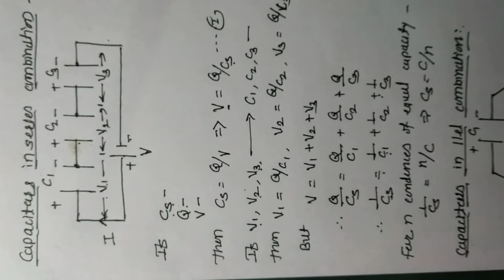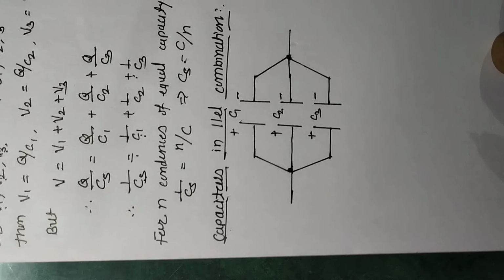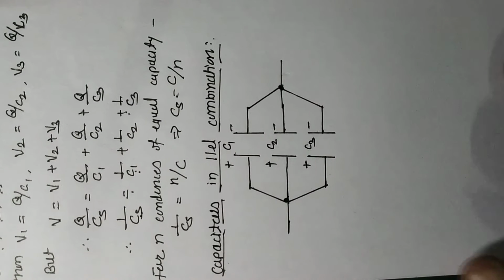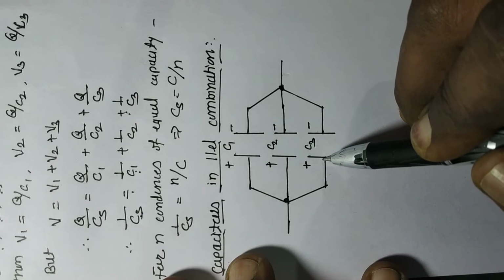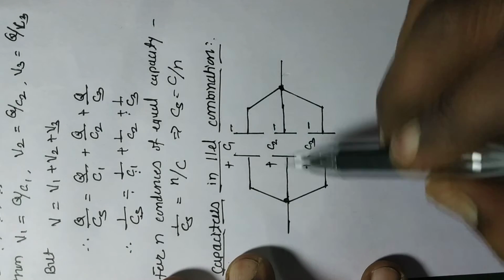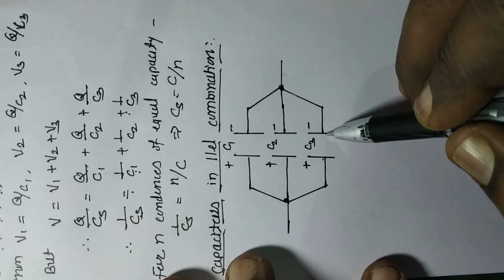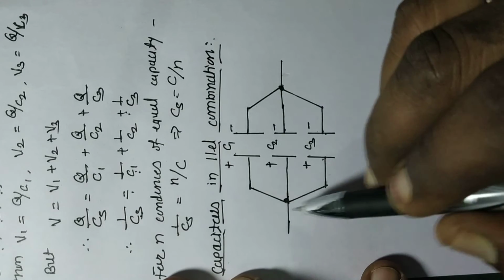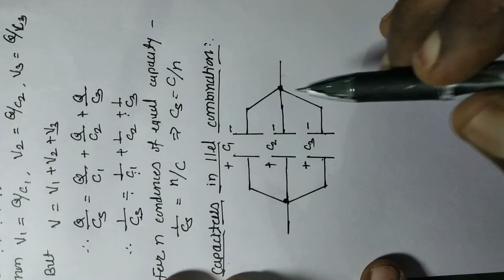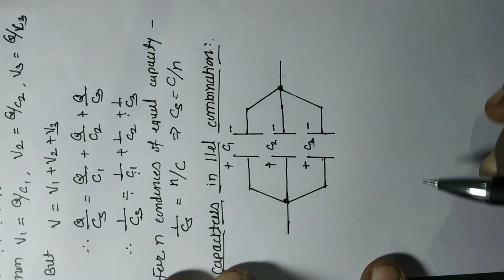Okay. Now, capacitors in parallel combination. What is capacitors in parallel combination? If positive plates of each condenser are connected at a common point and negative plates of each condenser are connected to another common point, then such a combination is called capacitors in parallel combination.